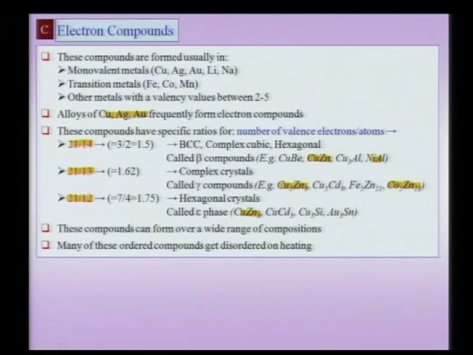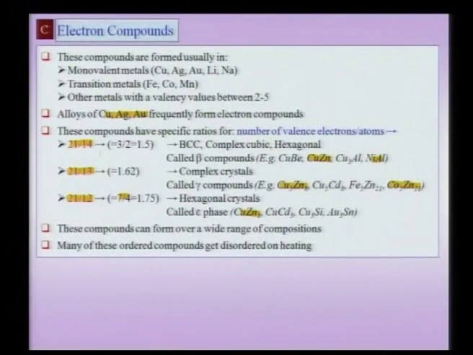Of course, I could reduce these numbers to smaller fractions, like 21/14 is 3/2, which is 1.5, 21/13 of course can't be reduced further, but it is approximately equal to 1.62, and 21/12 is 1.75, which is 7/4. So, it so happens that in these electron compounds, when the E/A ratio is the specific ratio, then you find that certain compounds are stabilized.